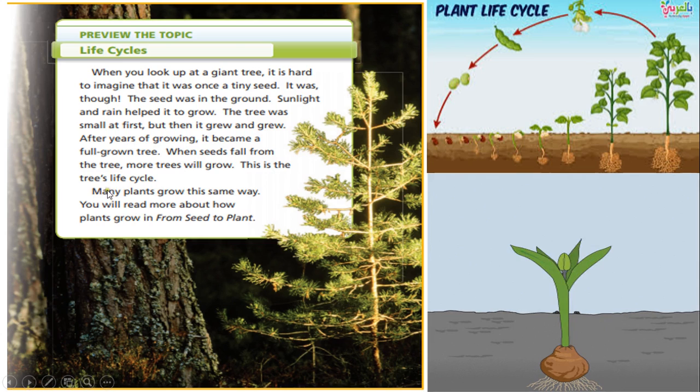Many plants grow this same way. You'll read more about how plants grow from seed to plant. It starts as a small seed and then grows into a beautiful flower or a plant or a tree. All right.